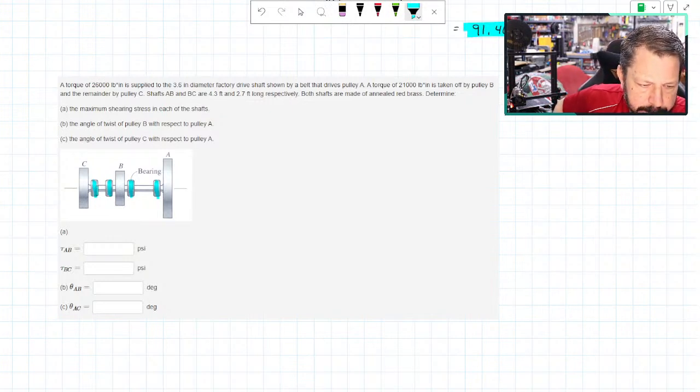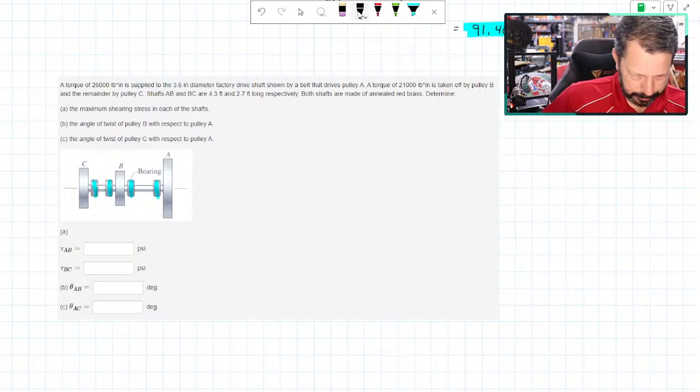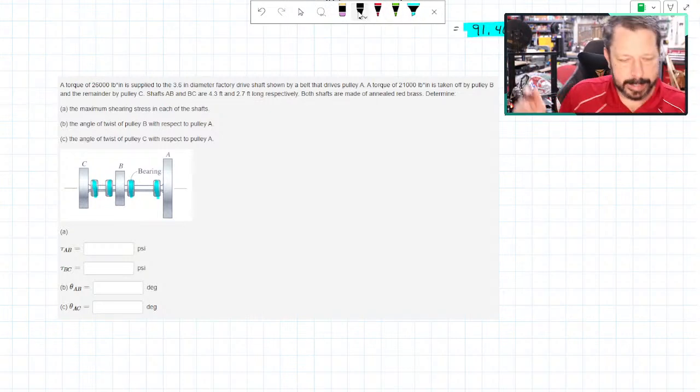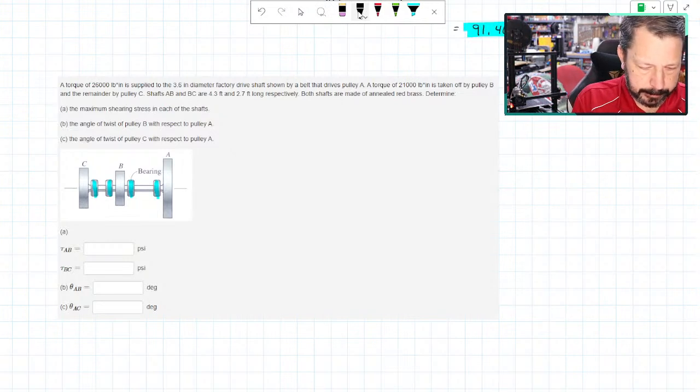So this one's in US units, and we've got a 26,000 inch-pound torque supplied to the factory drive, shown by a belt that drives pulley A. All right, so that's what I was looking for, is where is the torque applied? So the torque is applied on the right-hand side at A. So let's draw this over here.